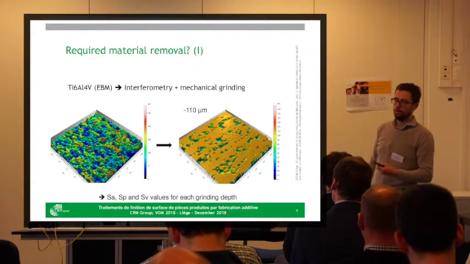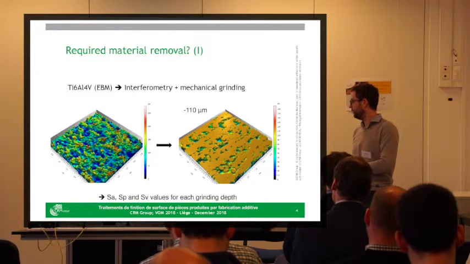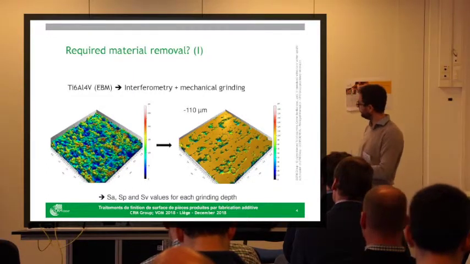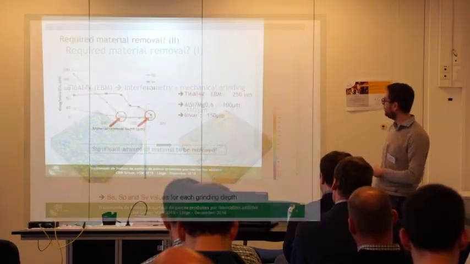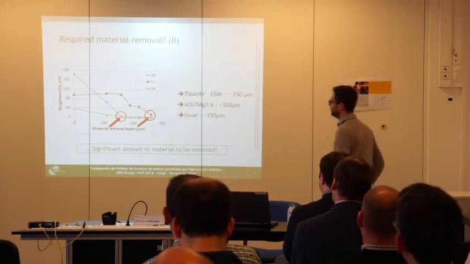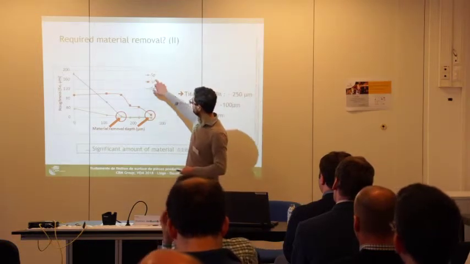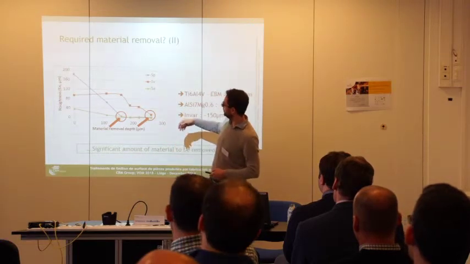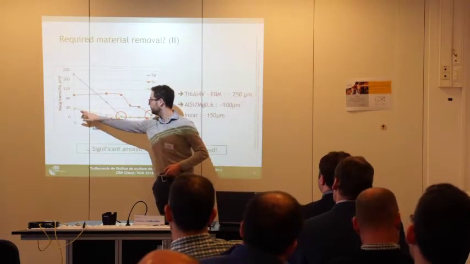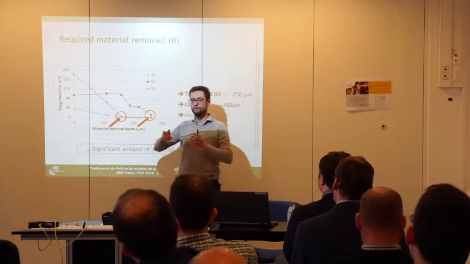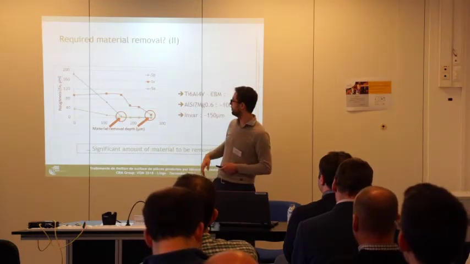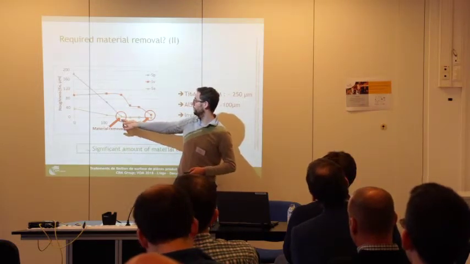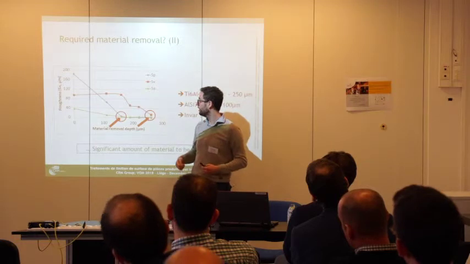So it's not Ra, it's surface values, surface roughness, peaks and valleys, for different grinding depths to plot that kind of profile. So we have here those values, Sp, Sv, Sa versus the material removal depth. What we observe is that if we only focus on the average roughness, as Julien described before, we could think that at around 150 microns we have something that is quite good because the roughness is really low.